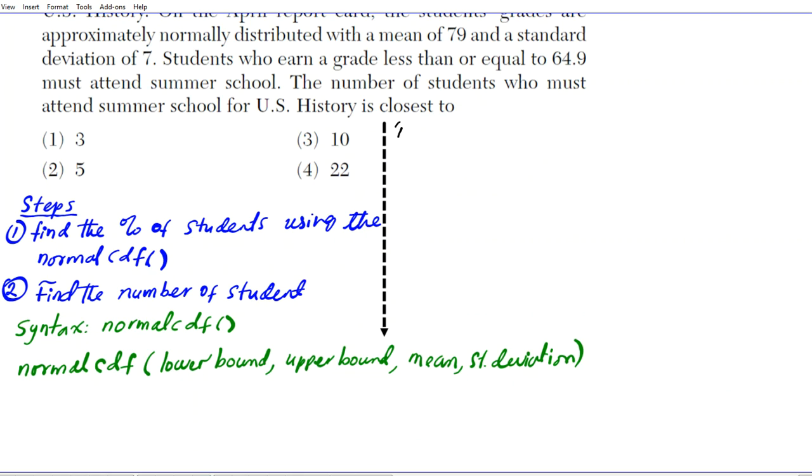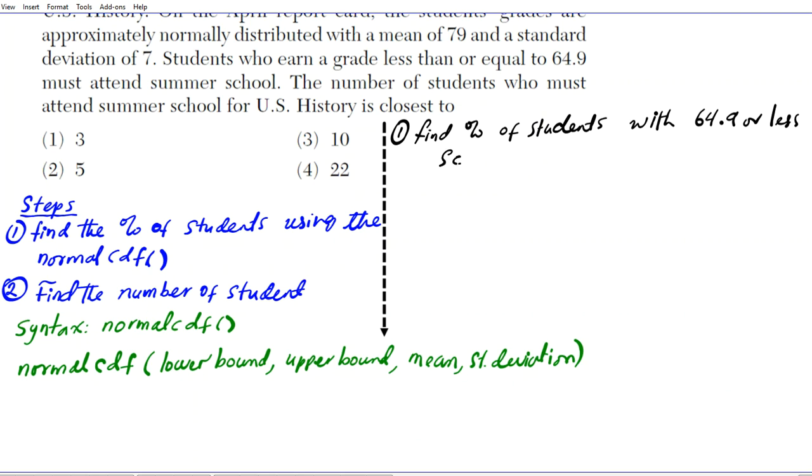So for step 1, we want to find the percentage of students with 64.9 or less. Now, how can we represent this using an inequality?